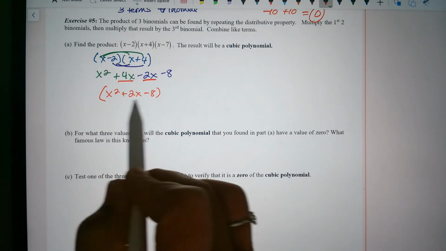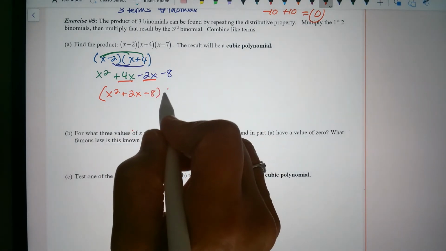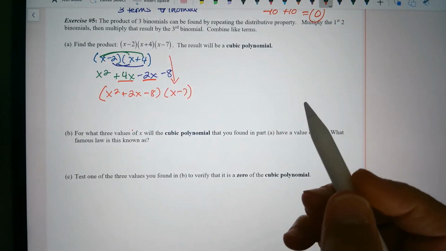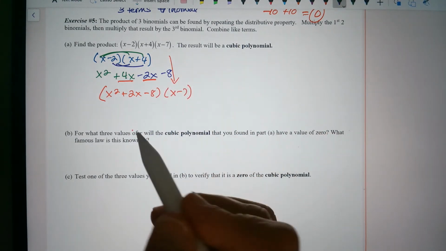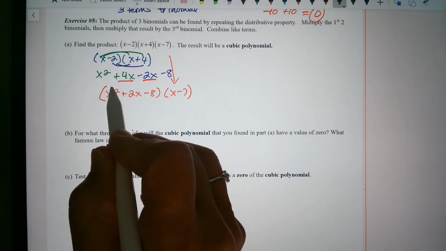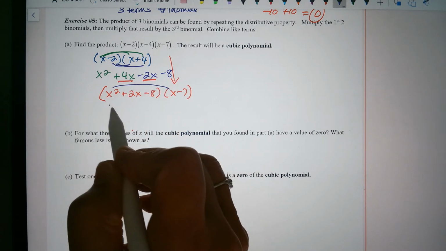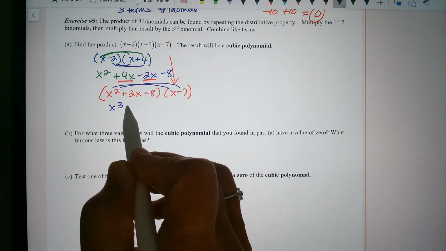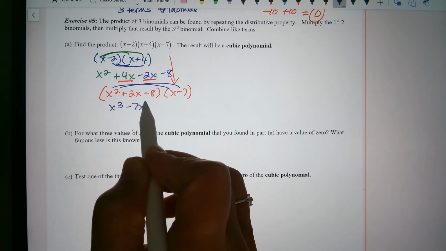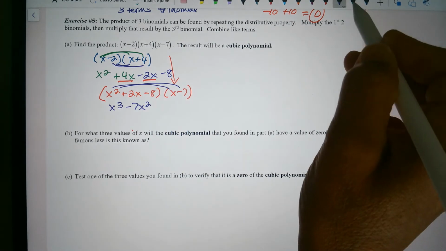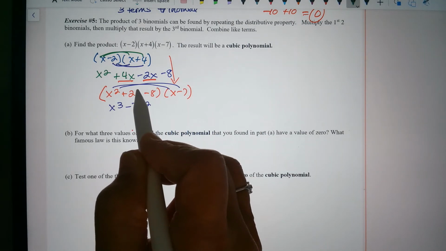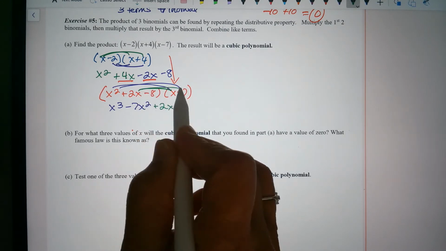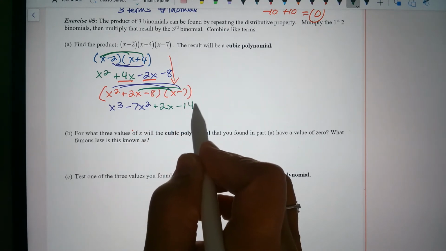Now we want to take that result and multiply it by our third binomial, x minus 7. So I bring that down. And now using distributive property, I'm taking x squared times x is x cubed. X squared times negative 7 is negative 7x squared. 2x times x is 2x squared, and 2x times negative 7 is negative 14x.